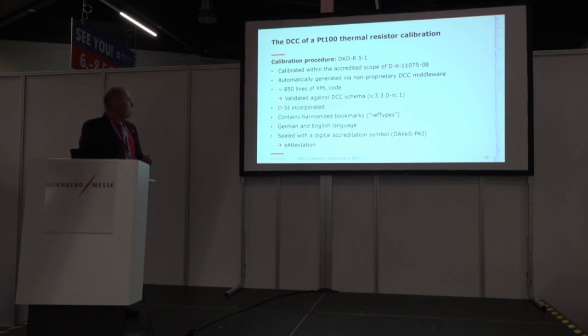And we seal our DCCs using the novel digital accreditation symbol that our accreditation body is providing. So we piloted these accreditation symbols together with DAX. This is not a picture that you put into the DCC, but it's a PKI, it's a public key infrastructure. In principle, what you get is a file, a sealing file, or a certificate file that you can use to seal your XML data.